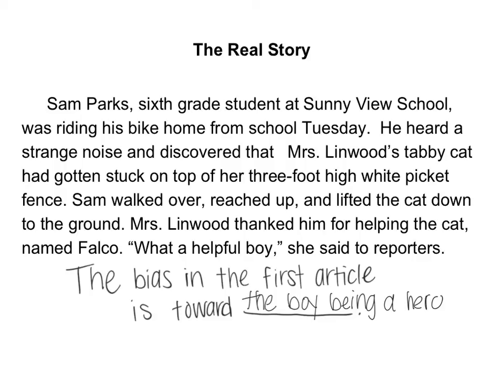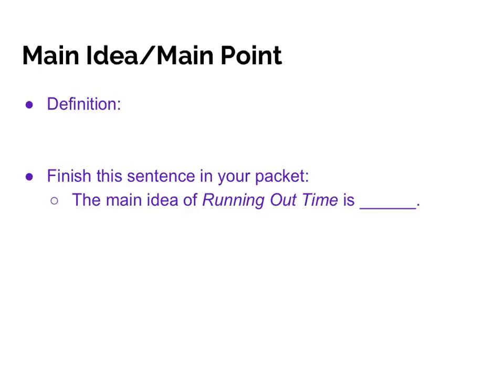Like he's jumping up on the fence, risking his life. The woman, Mrs. Linwood, is so thankful. She says, "He is my hero." Just makes Sam sound like such an amazing kid. So it is clear that in the first article, the author had a bias toward the boy being a hero. It's obvious that the author's opinion is that Sam is a hero.